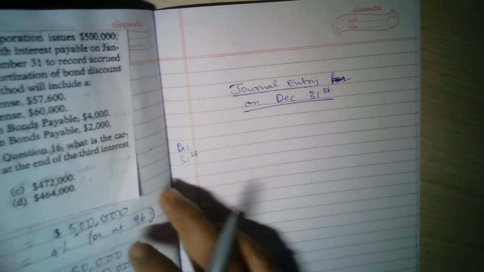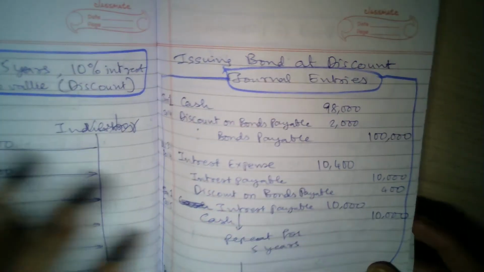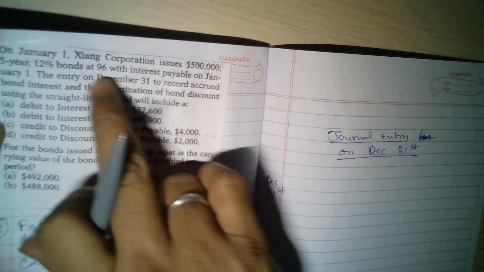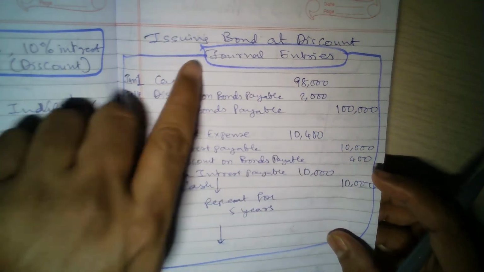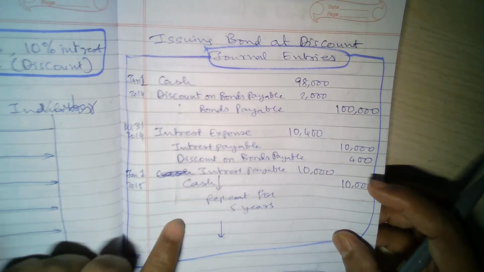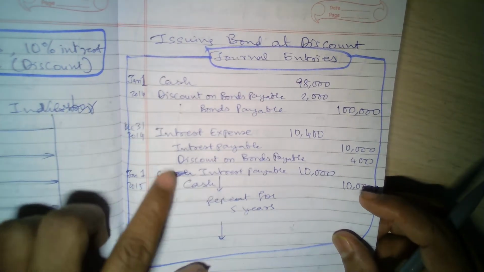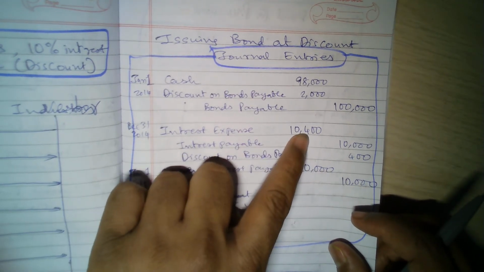If you look at the sample I gave you in the first video, go back to that sample. Here we have issued at a discount, 96%. Look at the sample journal entry of issuing a bond at a discount. The first one is the issuing of the bond itself. We are not interested in that. Here we are interested in interest expense, which will be a debit.